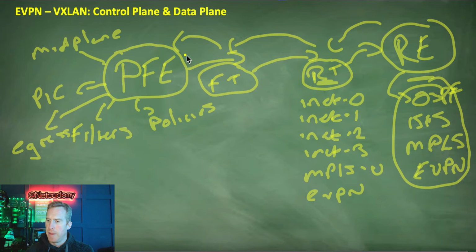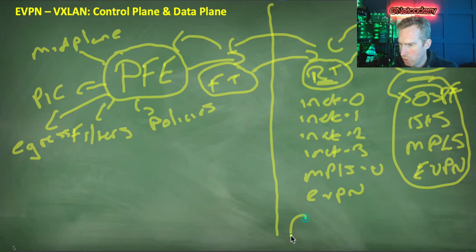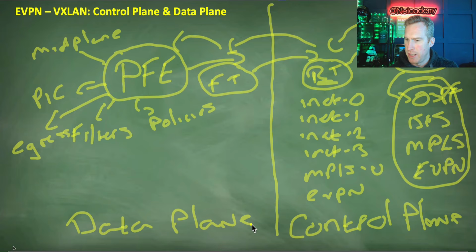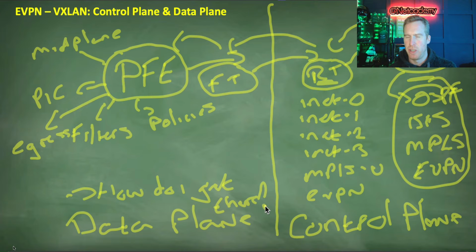But the point here is that there is a clear distinction between these two. We've got the control plane, and over here we've got the data plane itself. The data plane is really just interested in, how do I get to a destination? And then it forwards those frames, those packets, over the network. In the case of VXLAN, it uses tunnels.